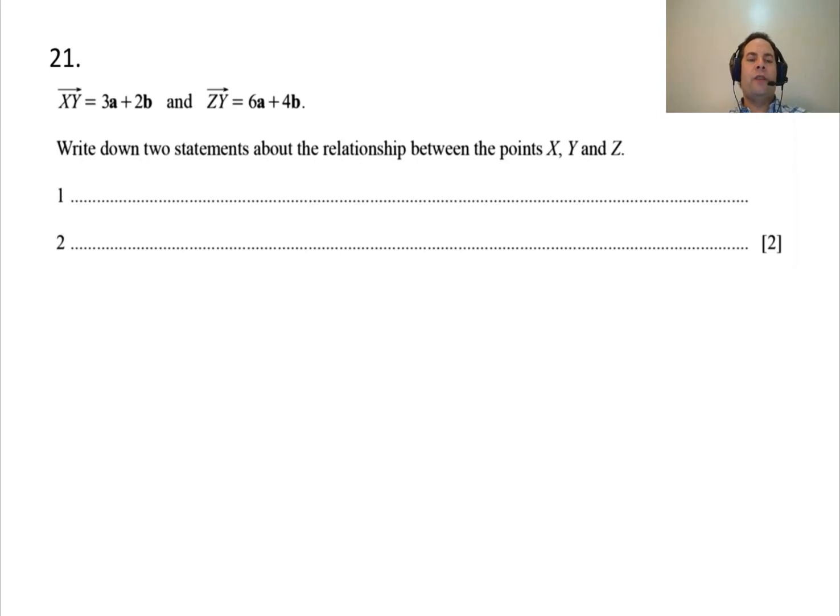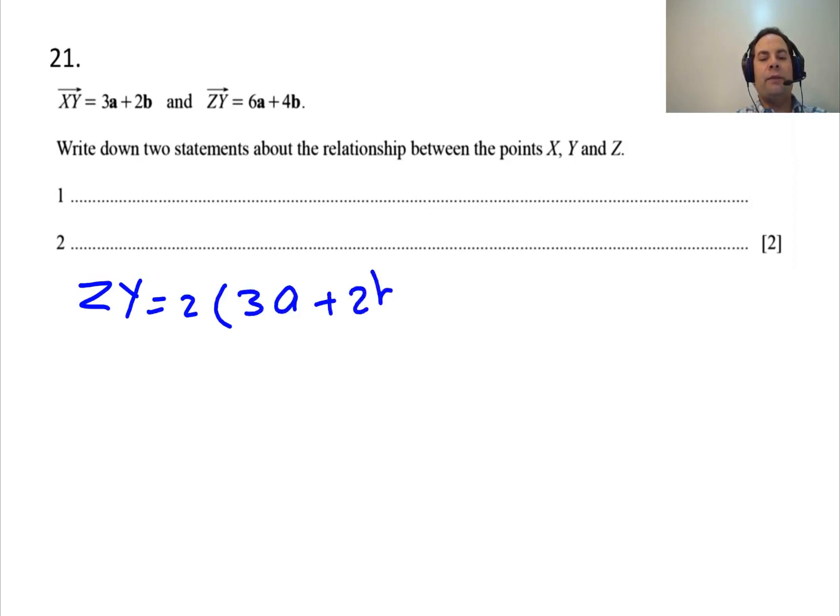Question number 21, vector XY is equal to 3a plus 2b and vector ZY equals 6a plus 4b. Write down two statements about the relationship between the points X, Y, and Z. By looking at vector ZY, if you take 2 outside as a common factor, the answer is 3a plus 2b.